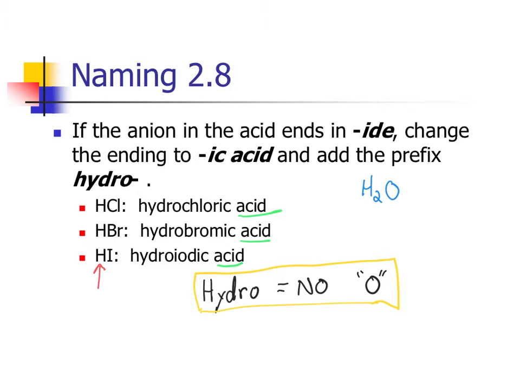It's not common, but that's not the common name. And that's the other thing: common names and other names don't always coincide. Again, we're using the systematic ones. So be aware of that.